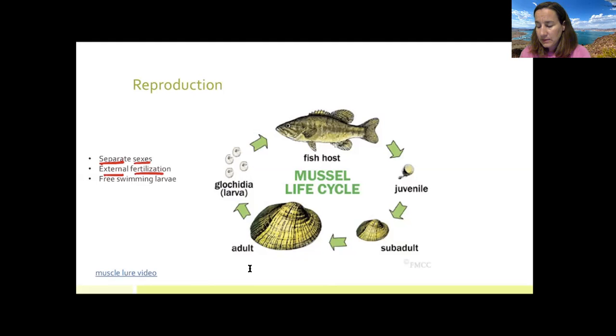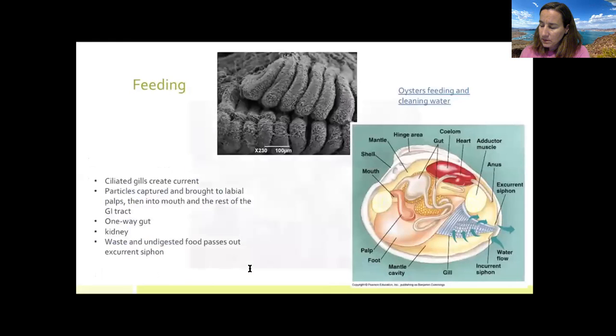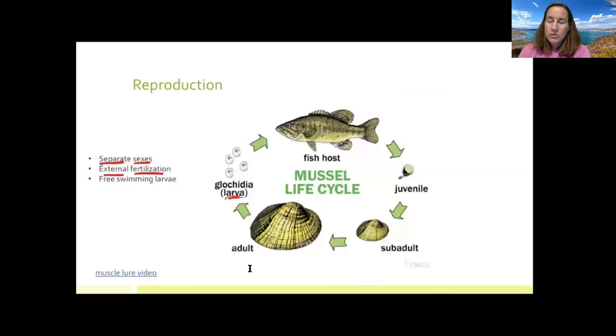And this little larva is free swimming. And here's our larva. And they pretty much straight up parasitize other things. So the Glochidia larvae are going to parasitize, if we are talking about certain types of mussels, fish. And this video, I think, is really cool.